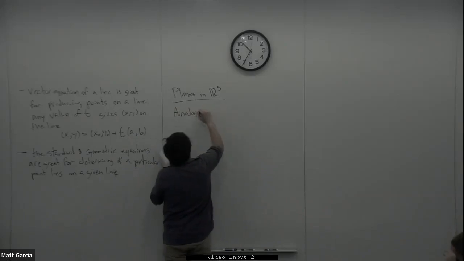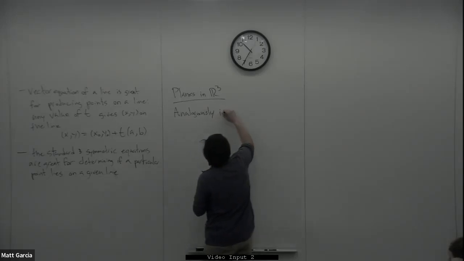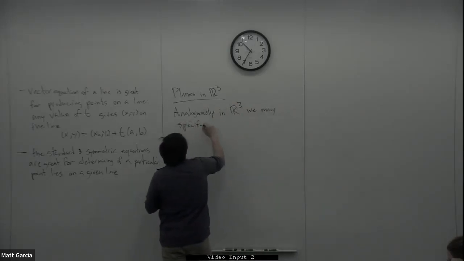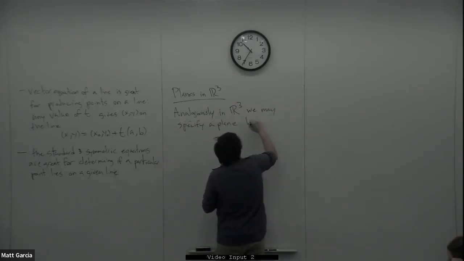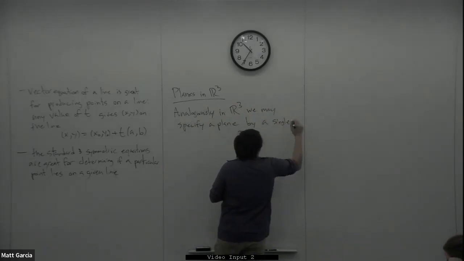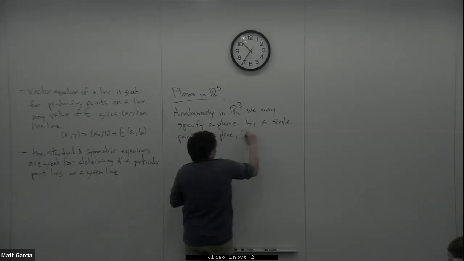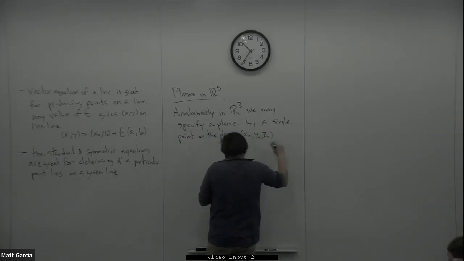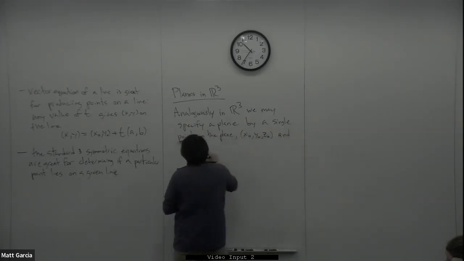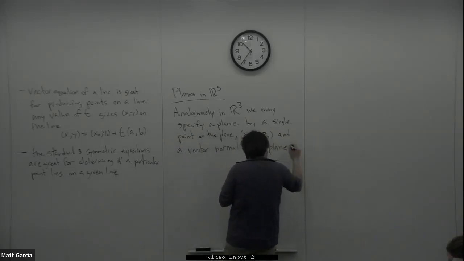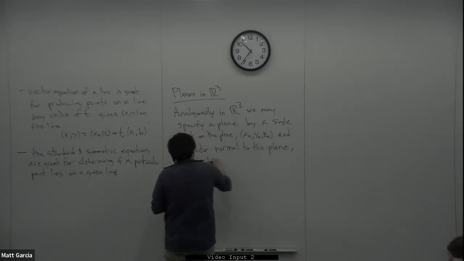So analogously, in R3, we may specify a plane by a single point on the plane, x naught, y naught, z naught, and a vector normal to the plane, a, comma b, comma c.